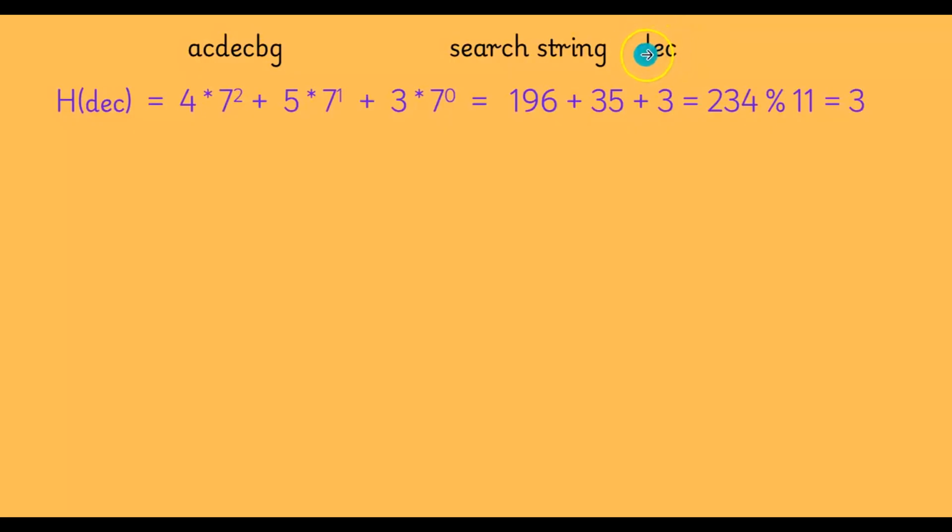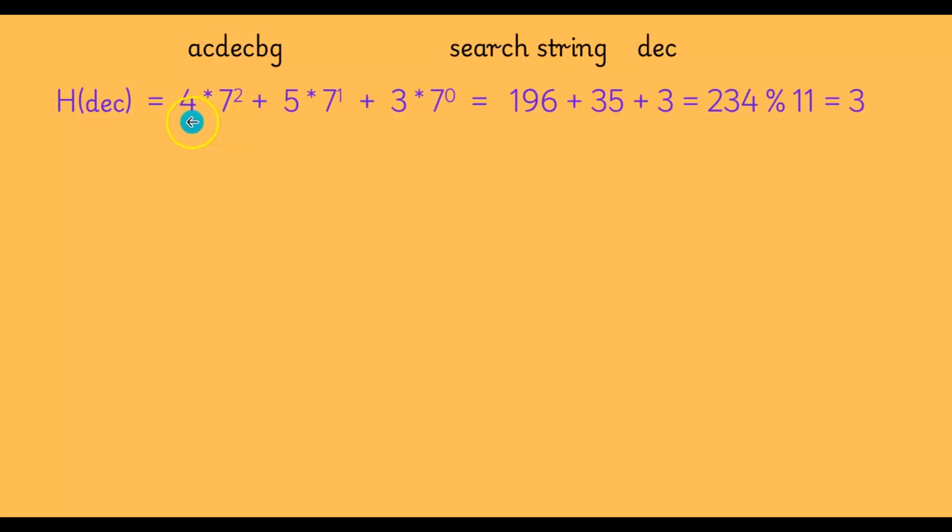Our first task is to find the hash value of the search string. So here, the hash value of DEC: we have to convert D into a numeric value. As we already discussed, A means 1, B means 2, C means 3. So D means 4, and the constant I have chosen is 7.